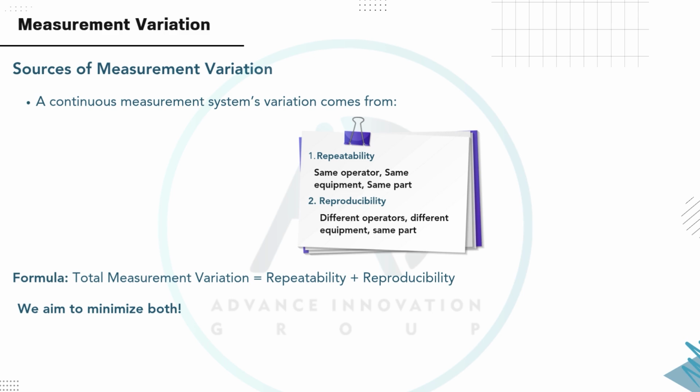Our goal is to minimize both repeatability and reproducibility errors. A good measurement system should show minimal variation regardless of who measures, with what, or when. Understanding and reducing measurement variation is essential for reliable data and effective decision-making in any quality improvement project.